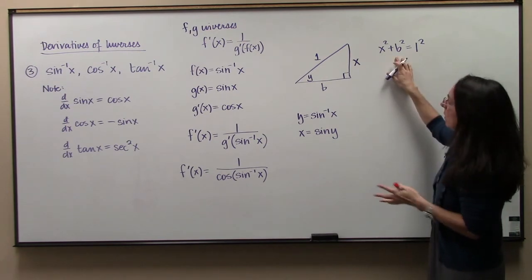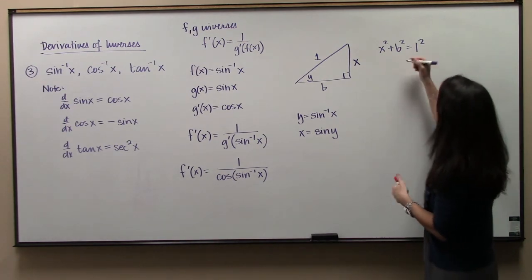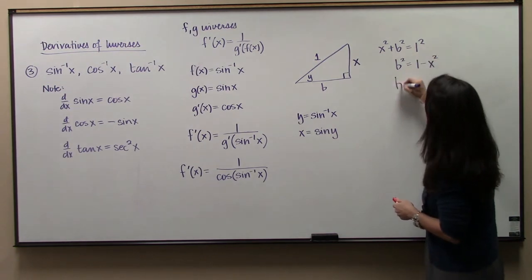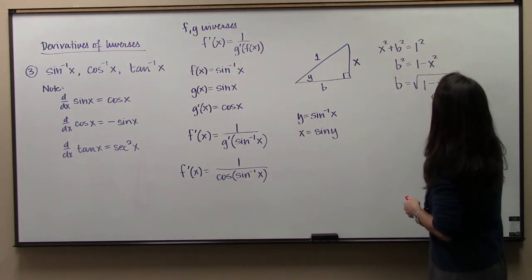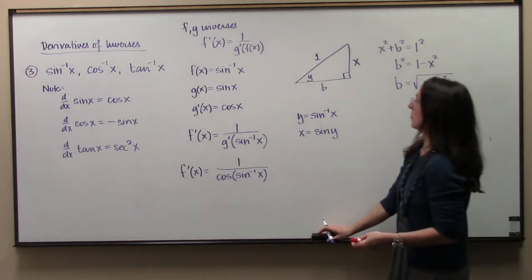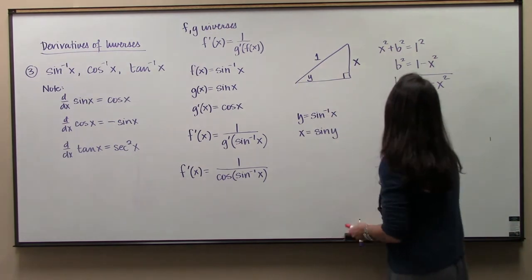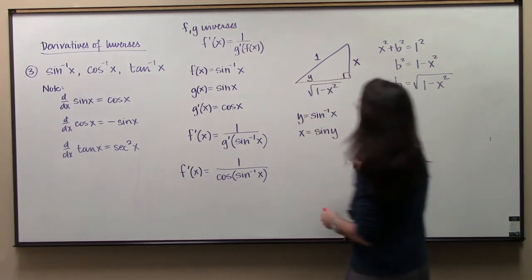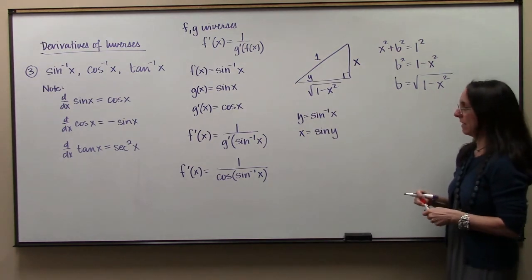And I just want to write down what b is. So b squared is equal to 1 minus x squared. So b is equal to that, right? Because I want to do this all in terms of x. So this b can be replaced with this. All right, how does this help?